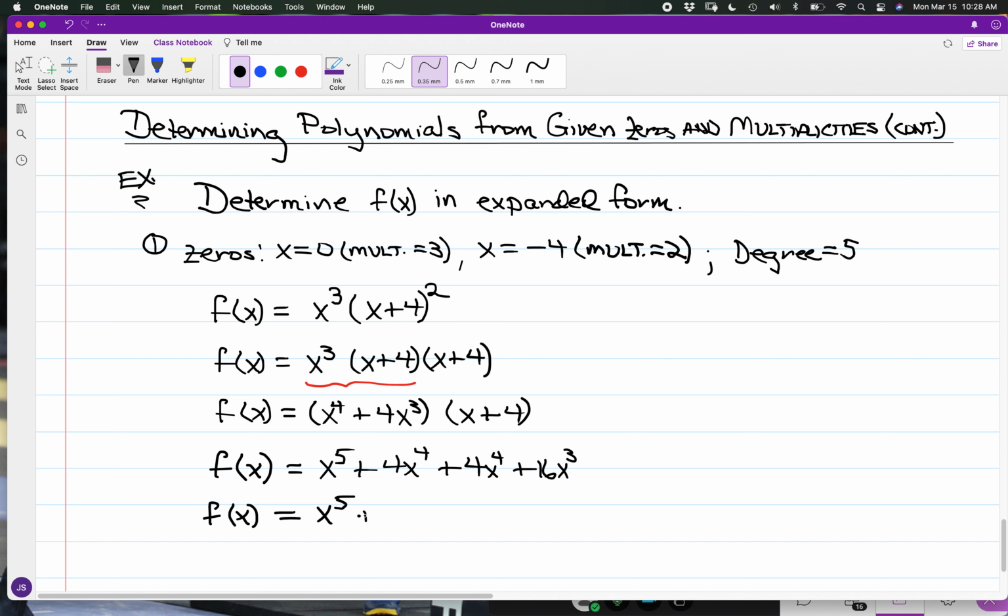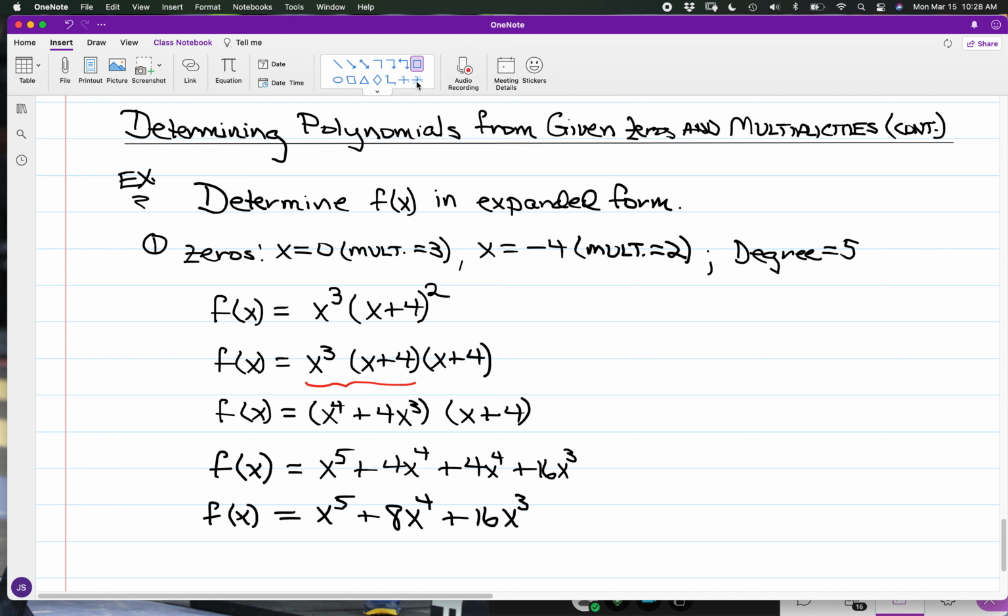So you have x to the 5th plus 8x to the 4th plus 16x cubed. And this will be an expanded form of the polynomial that has those zeros and degree as described. So we have a 5th order expression.